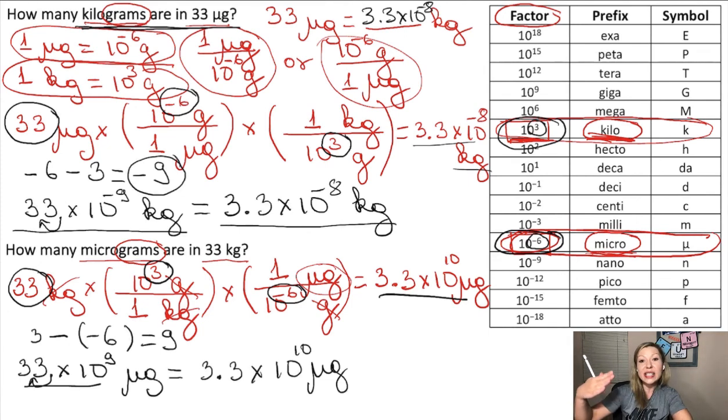And when you did the same thing backwards, going from kilograms to micrograms, you first took the 10 to the third, so 3 minus 6, and you got to 10 to the 9th, just right here. All right, I really hope that this makes sense.